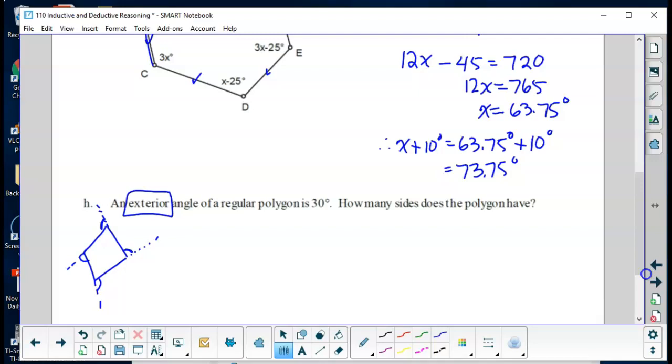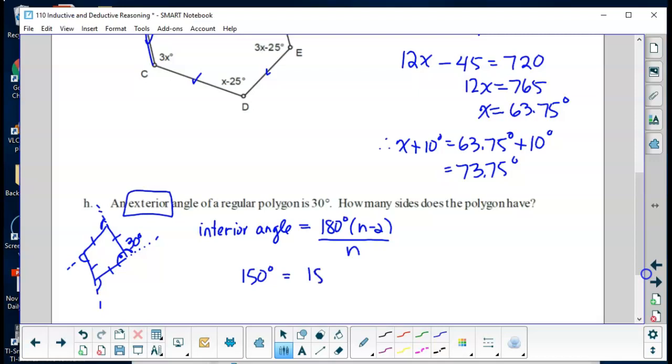So basically, we want to get this angle in here. It's a regular polygon, so these sides will all have to be the same, so the angles inside would be the same. We know the formula for that. The interior angle would be 180 times n minus 2 divided by n. Then if this is 30 degrees, the interior has to be 150, because it forms a straight line, which is 180 degrees.